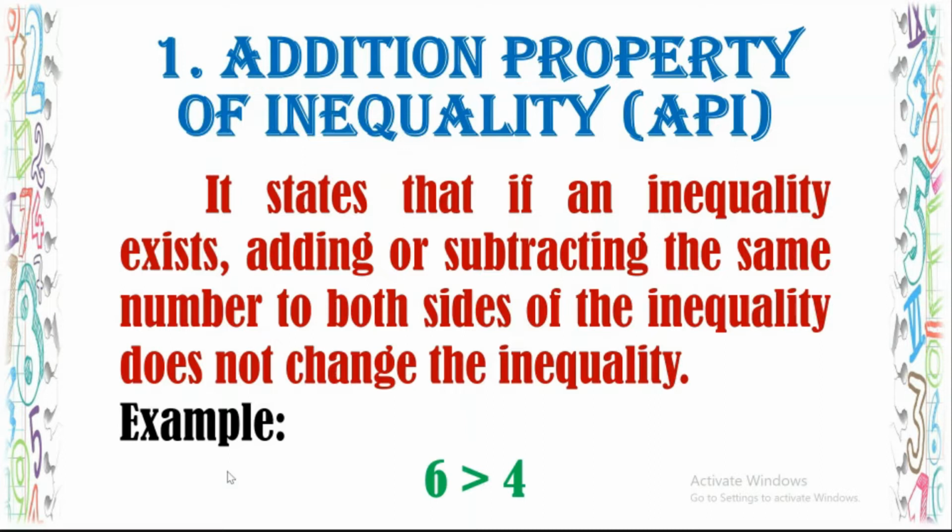It is correct because 8 is greater than 6. If we subtract 5 from 6, we should also subtract 5 from 4, so that 6 minus 5 is greater than 4 minus 5, or 1 is greater than negative 1.